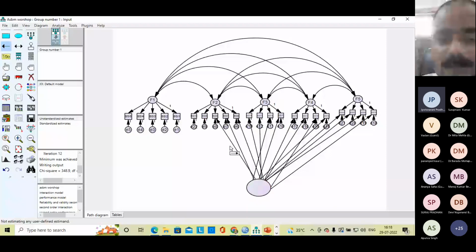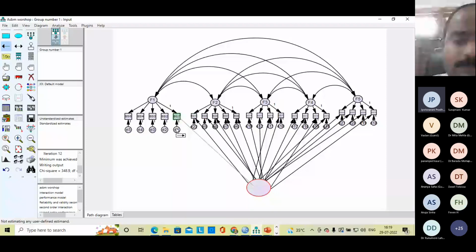Yesterday, I did the mistake of connecting reversely. So actually, in the reflective measurement, the arrow mark should go from the construct or latent variable towards the indicator. Later on, in the structural equation modeling, from the construct to construct, you can take the arrow mark.